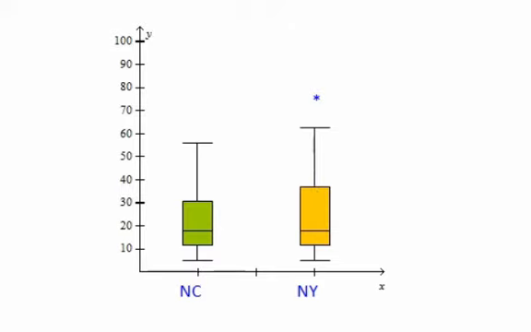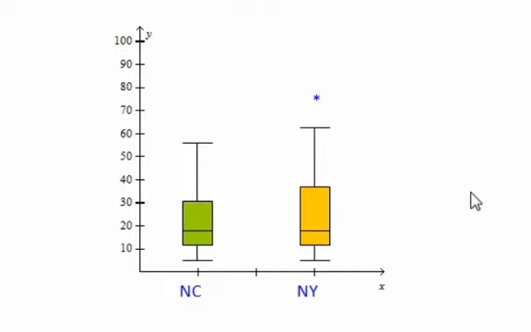The center: it appears that the travel time to work is generally a little bit longer in New York than North Carolina. The median, both quartiles, and the maximum are all larger.